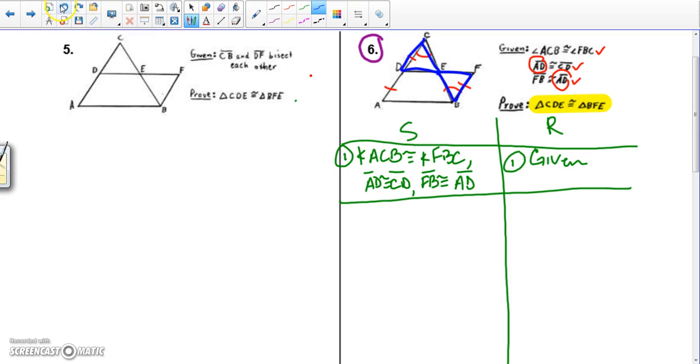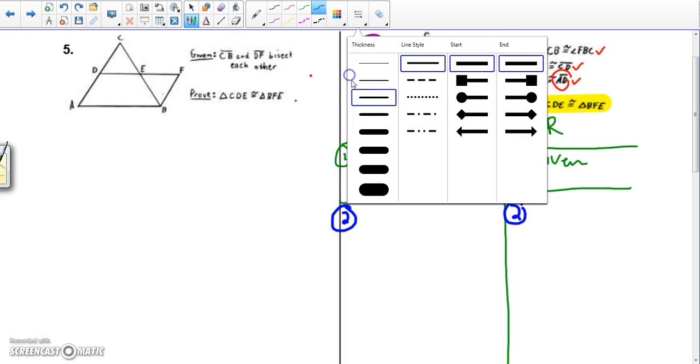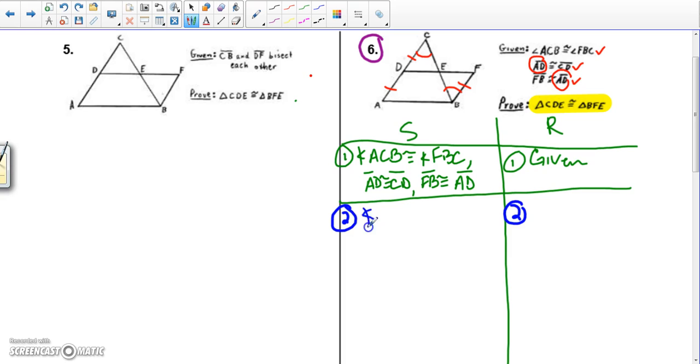So right away we see it's a bow tie proof. It's a little sideways, but it's still a bow tie proof. So before we do anything else, let's just get that out of the way. Usually we're going to have those vertical angles. So let's say that angle CED, remember the vertex has to be the middle letter, is congruent to angle FEB.